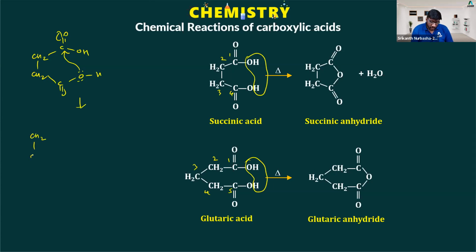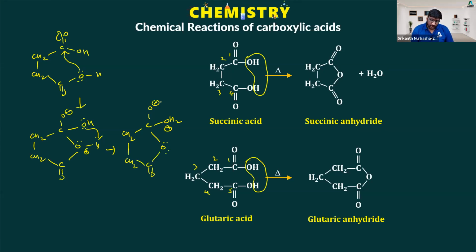You get CH2CH2, CO minus, COH with a positively charged oxygen. This OH will pick up the proton, leading to CH2, CO minus, OH2 plus. Oxygen regains its lone pair, C=O forms. Ultimately, the negative charge comes in, loss of water occurs, leading to the formation of succinic anhydride.